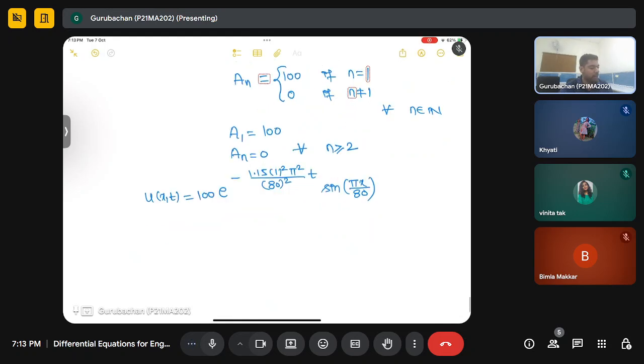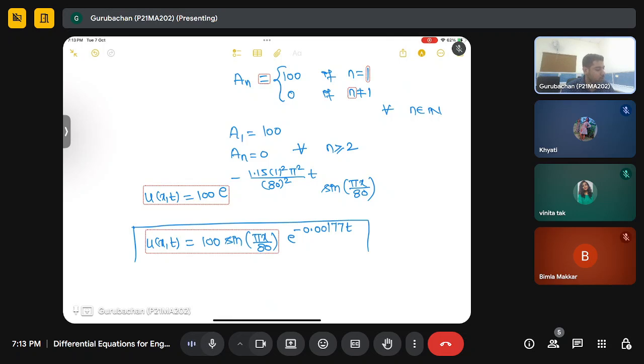So you may approximate the exponent, and u(x,t) is approximately 100 sine pi x by 80 e to the power minus 0.00177 t. This is your u(x,t). So this is the first part of this question.